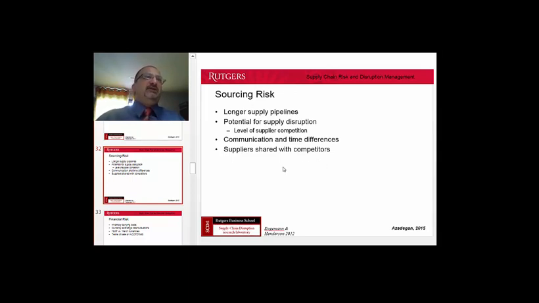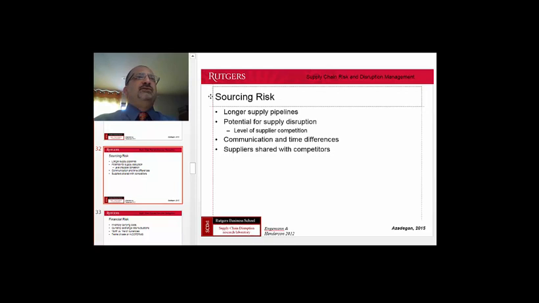And so that creates another sourcing risk. Another associated risk with sourcing, especially across continents and across time zones, is the ability to communicate, right? Both from a language perspective and from a time perspective, those become more difficult. And so those are some of the sourcing risks.